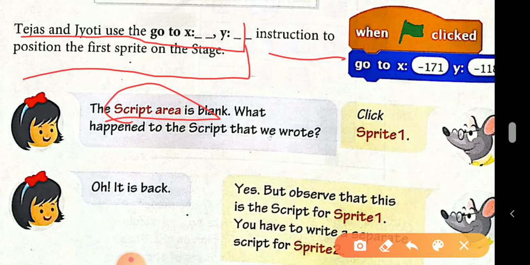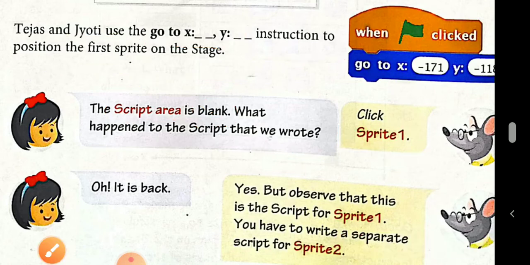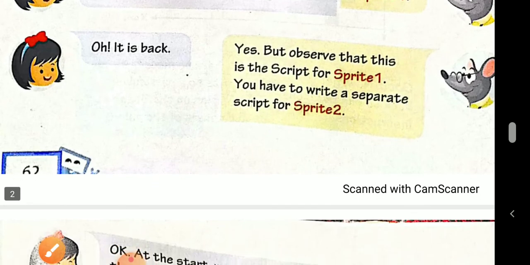What color is the script area? What happened to the script that we wrote? Click sprite 1 and we can see what happened. Oh, it is back.